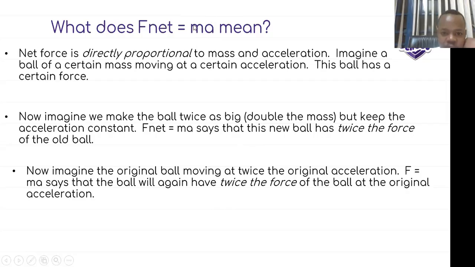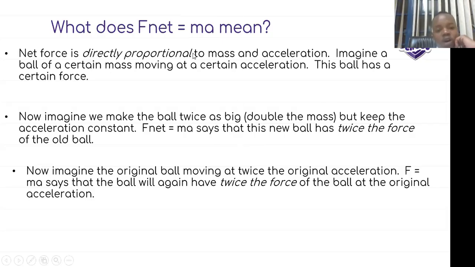If we double the mass, meaning we make the mass 4 kilograms, and we keep the acceleration constant, the net force will be 4 multiplied by 2, and that will give us 8 newtons. It means now this ball will have twice the force as the old ball, because the old ball had a net force of 4 newtons, since the mass was 2 and the acceleration was also 2.